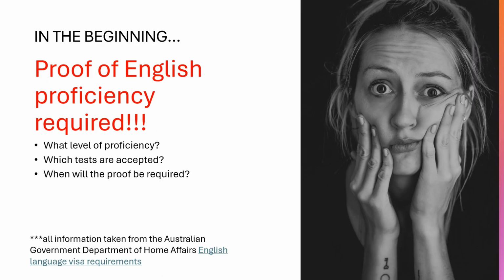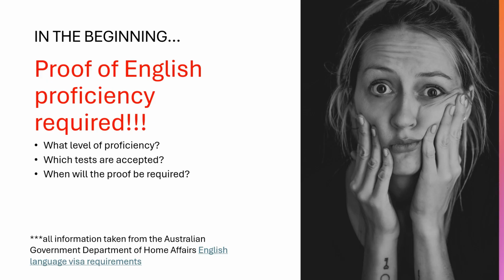Let's move on. So in the beginning, you're told, all right, we're going to offer you a visa. We're going to sponsor you to come and work with us, and we're going to offer you a visa. Or you're told it's time for you to apply to university here in Australia, and you need to show proof of English proficiency. Okay?